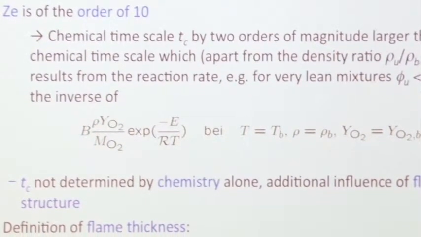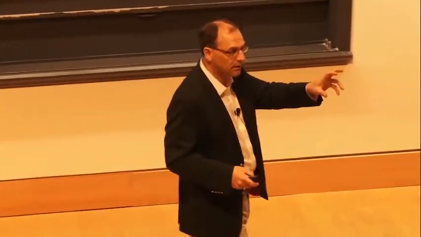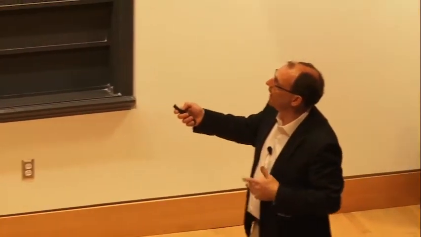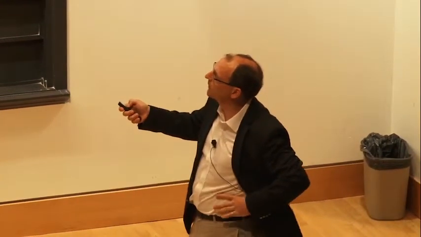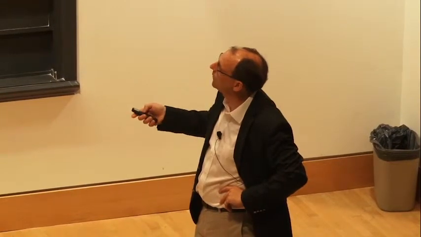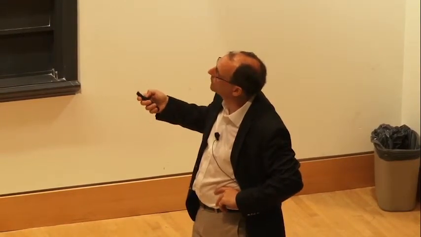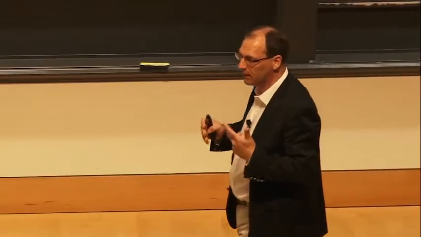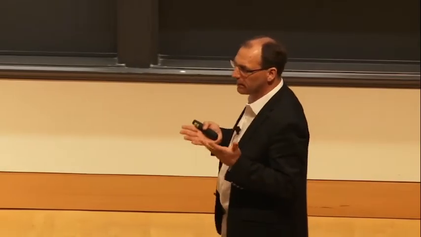So the difference between the real chemical timescale that we just computed with a full analysis and a naively formed chemical timescale just from looking at the reaction rate is about a factor of 100. And so this shows you that a naive way of defining this timescale is not right.